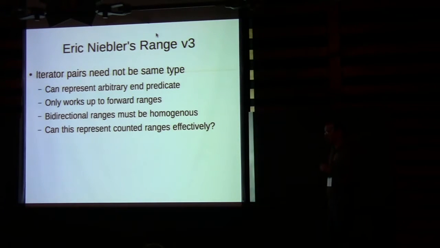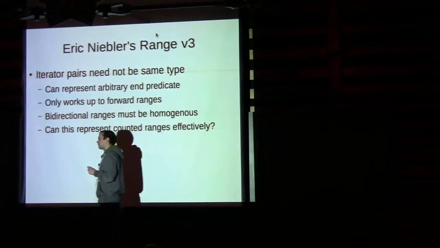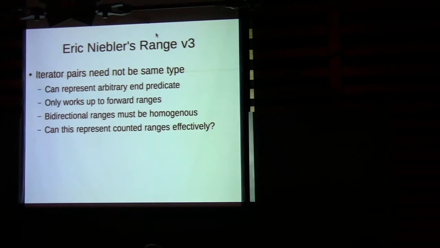Yes, Jeff? Why do they have to be a separate type? It seems to me you can have a sentinel type that just, well, it doesn't need to be a separate type. It's the same type, you can still call it that. It still makes sense.